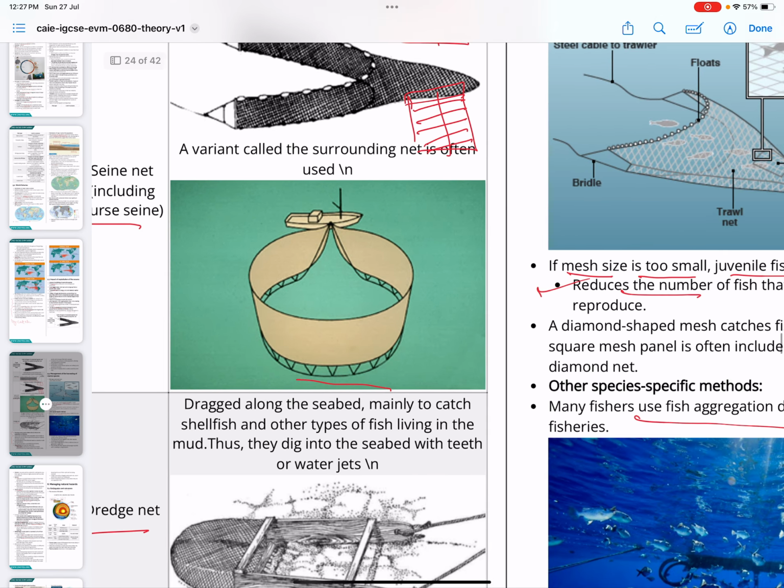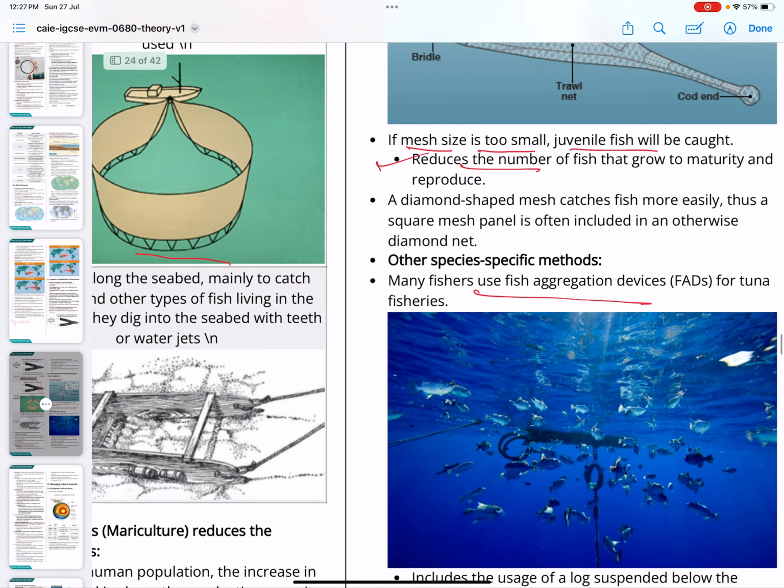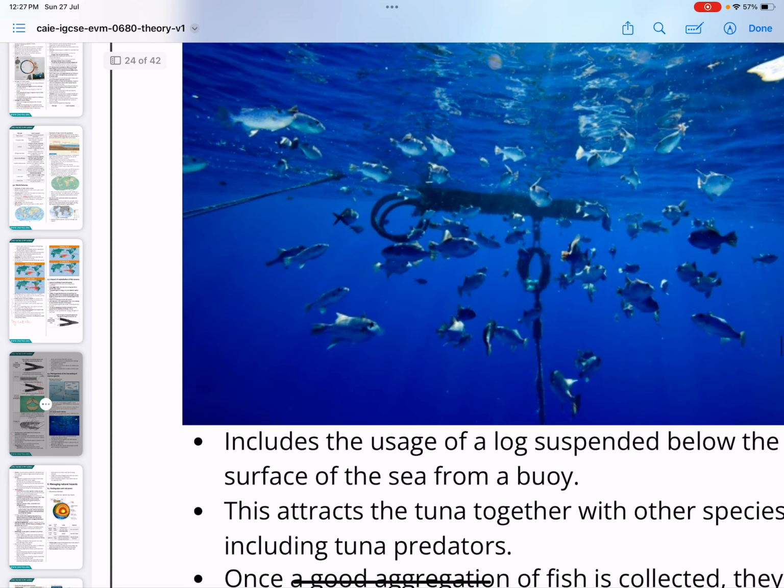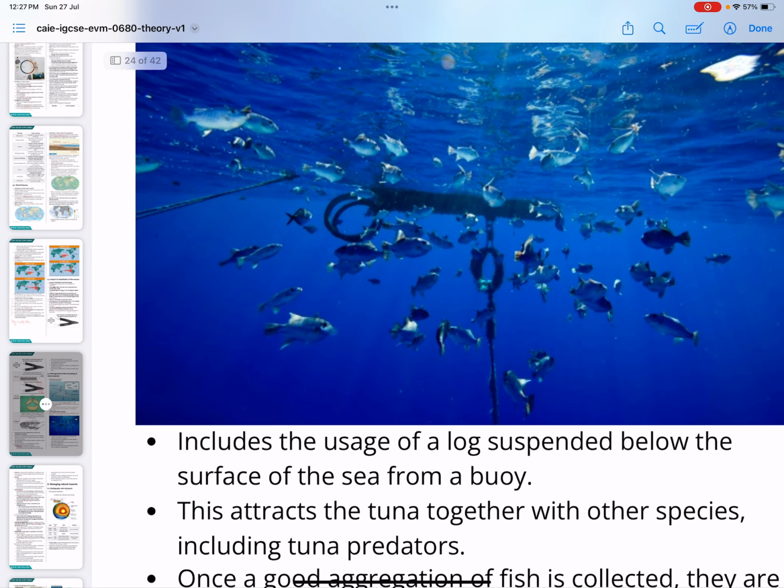Like for example, let me show you this picture. If you can see in this picture, a lot of fish are gathered at a particular area. This happens usually because of the fish aggregation devices. Now, what are the fish aggregation devices? These devices emit certain kinds of radiations that attract the fish towards themselves.